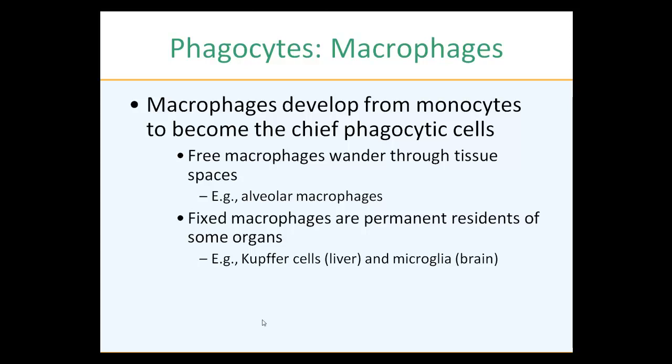So let's talk about the macrophages and the phagocytic cells. We have major players here. One of them is the macrophages, and these macrophages, as we discussed earlier, have migrated from the blood. They used to be monocytes, and once they are in your tissues, we call them macrophages.